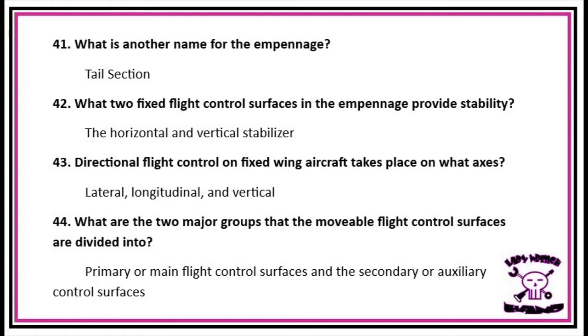What are the two major groups that the movable flight control surfaces are divided into? Primary or main flight control surfaces and the secondary or auxiliary control surfaces.